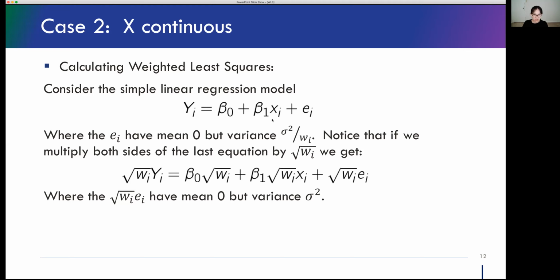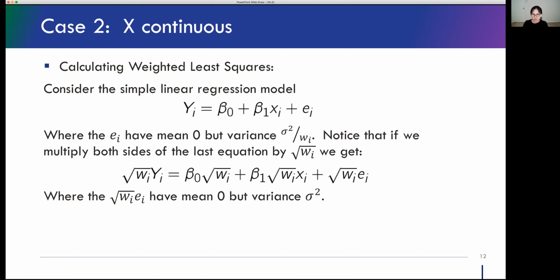Again, consider the simple linear regression model we have, the same one from before, and also we assume this e_i has mean 0, but now with variance sigma squared over w_i. So we want to adjust for the unequal variance by using this w_i.